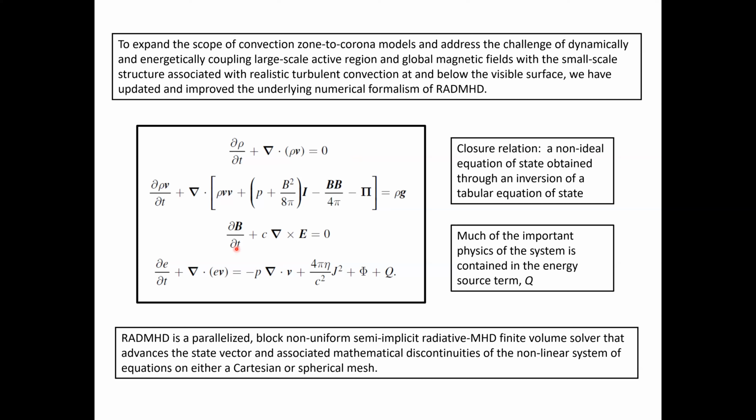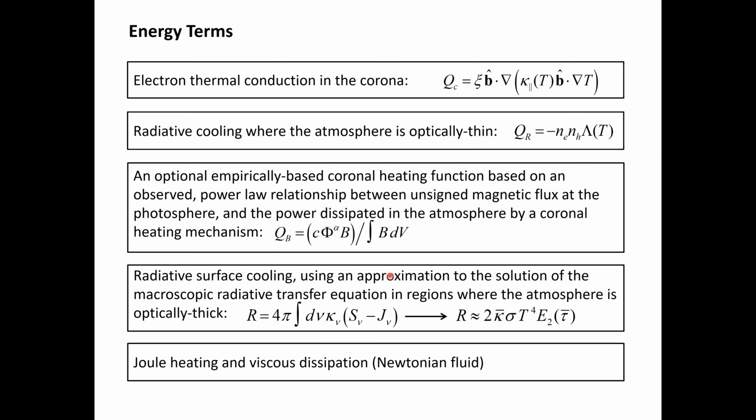So what we've been doing is your basic garden variety single fluid MHD, but with some special attention to the source terms, the energetic source terms. In particular for the photosphere, where the rubber really meets the road is the optically thick radiative transfer at the solar surface.